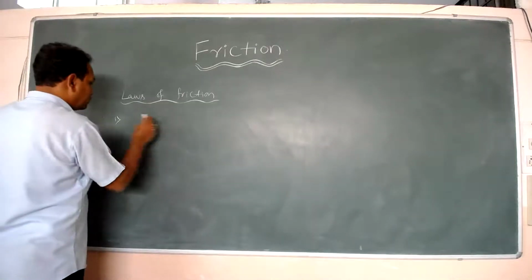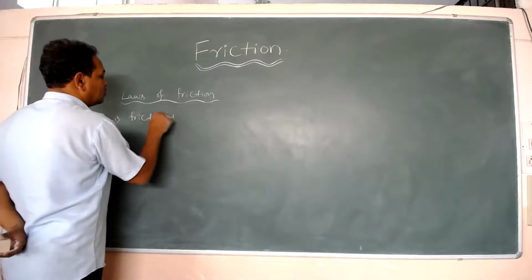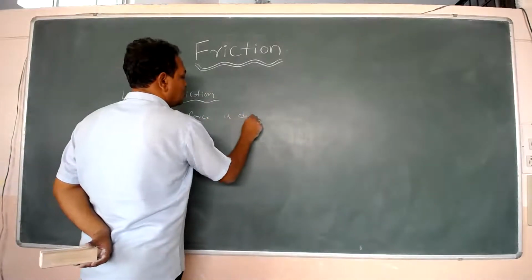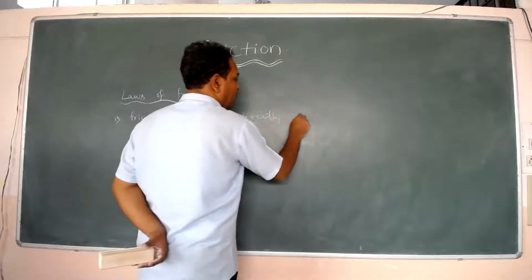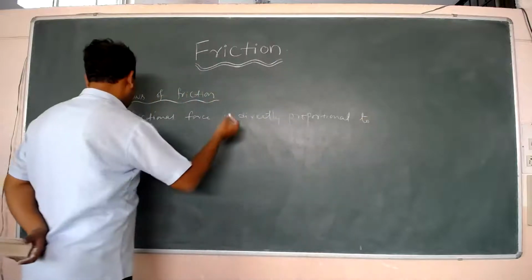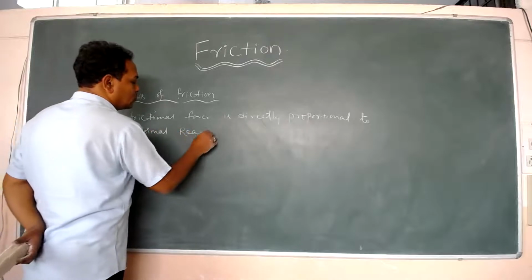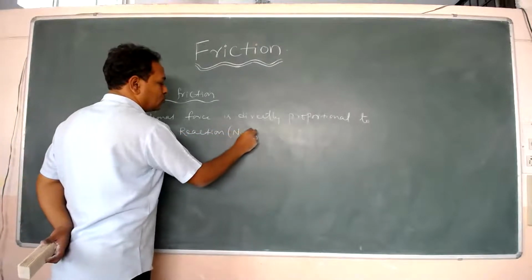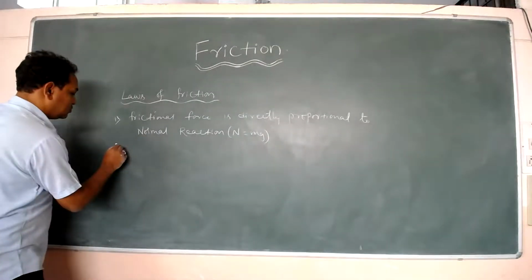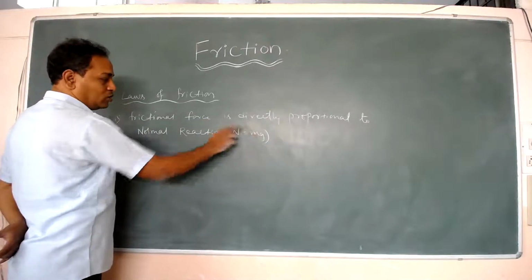First one: frictional force is directly proportional to the normal reaction, that is N is equal to mg.